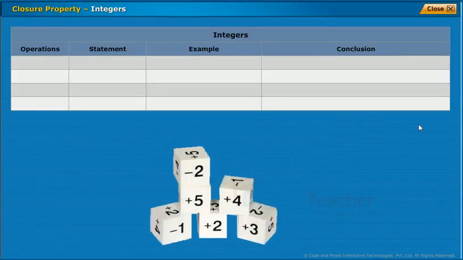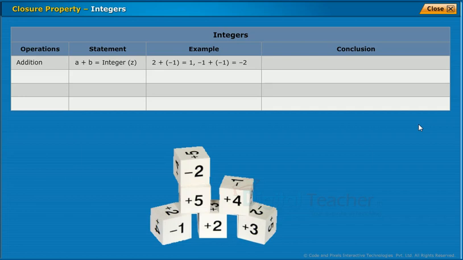Let us see the closure property of operations on integers. Under addition operation, it states that if two numbers are added, their sum is an integer. For example, 2 plus minus 1 is again equal to 1, or minus 1 plus minus 1 equal to minus 2.